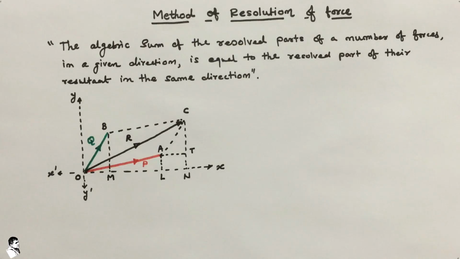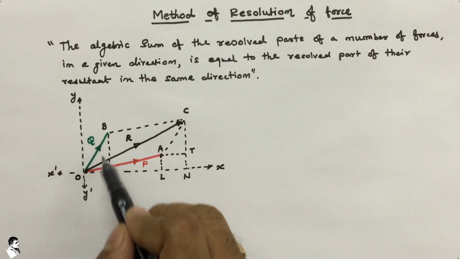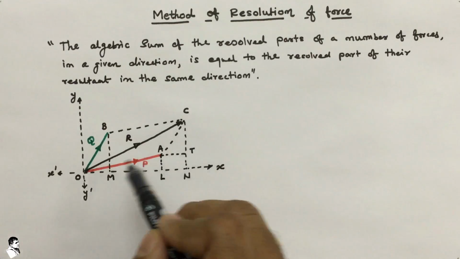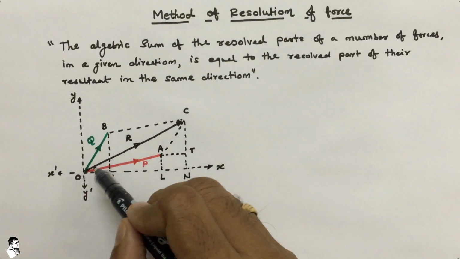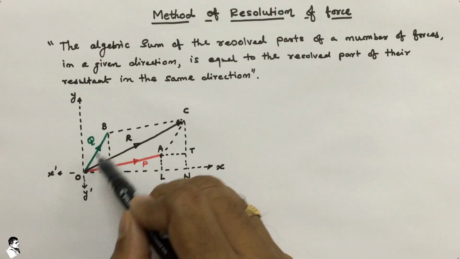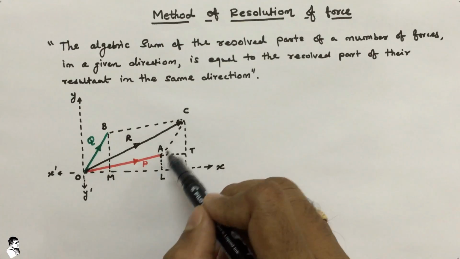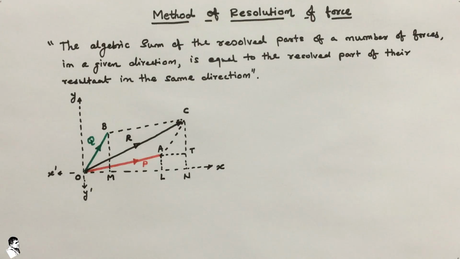two sides OB and AC are parallel and equal in magnitude, right? So in OBM and ACT, OB and AC are both parallel as well as of the same magnitude.